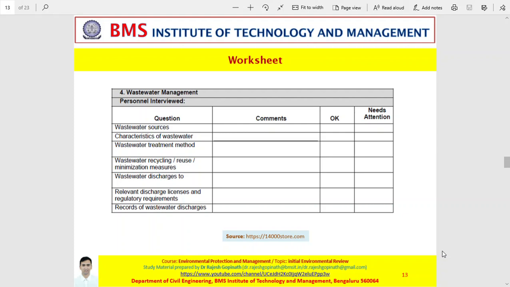Where is the wastewater being discharged to, and in what quantity and in what quality? What are the relevant licenses for discharging, and what are the regulatory requirements and legislations with which compliance has to be met?